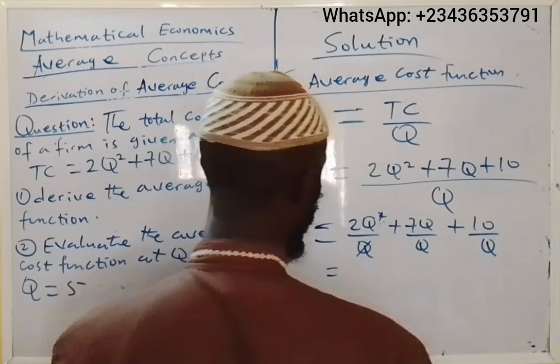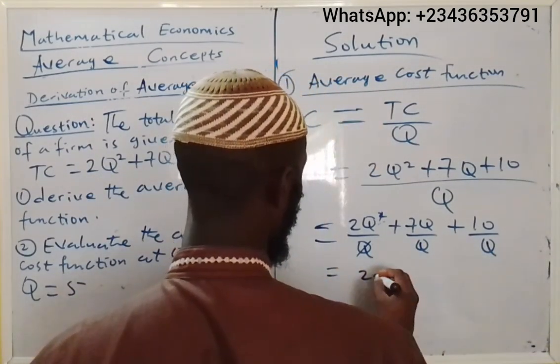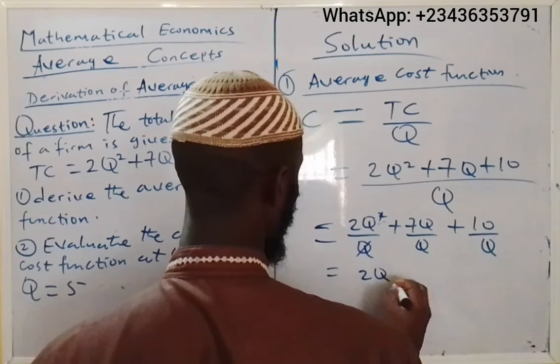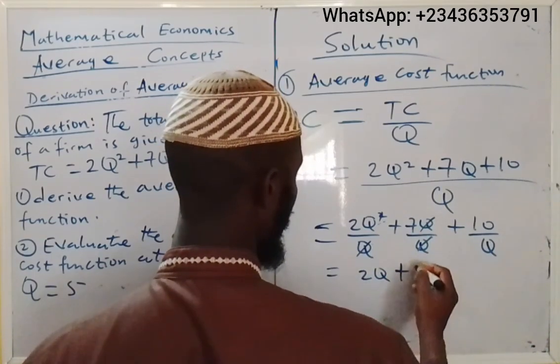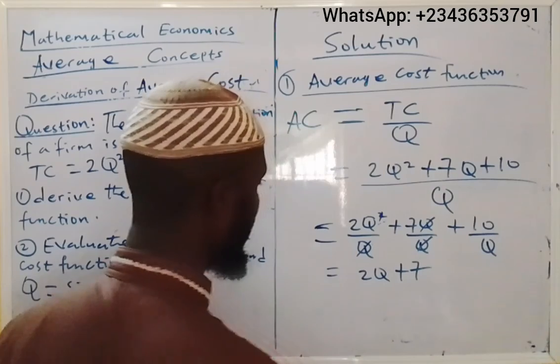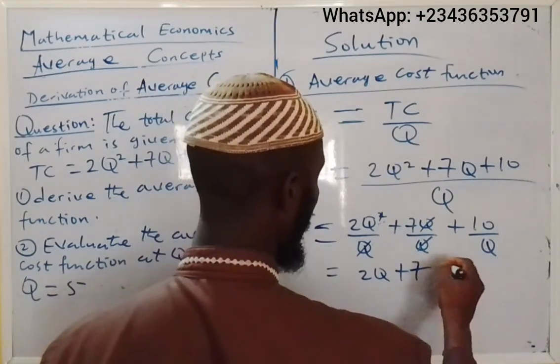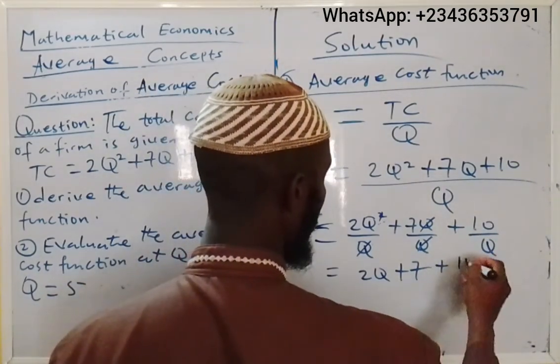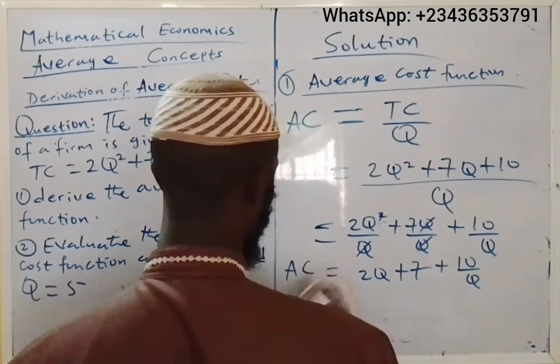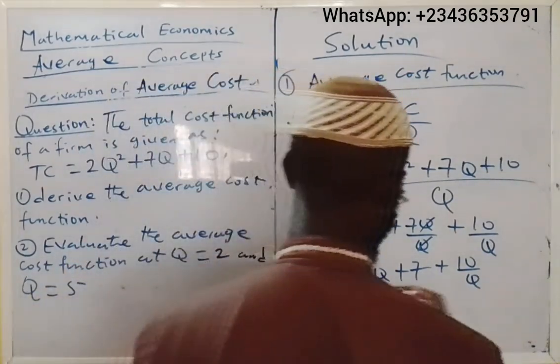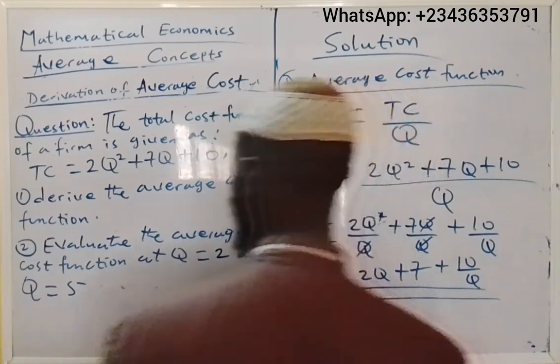So in other words, I have 2Q plus 7, because we cancel this Q, then plus 10 divided by Q. This is my average cost function.